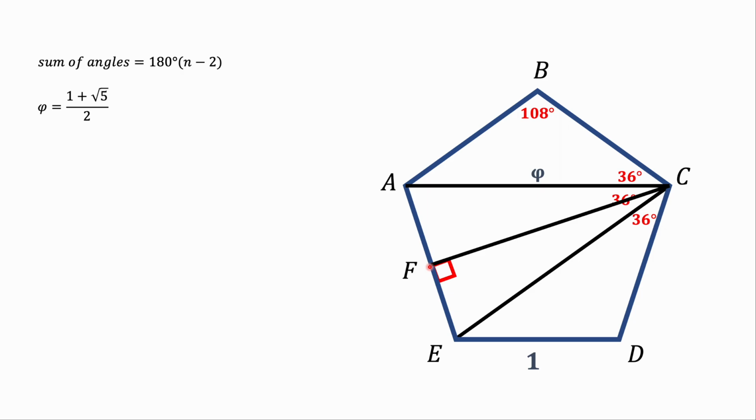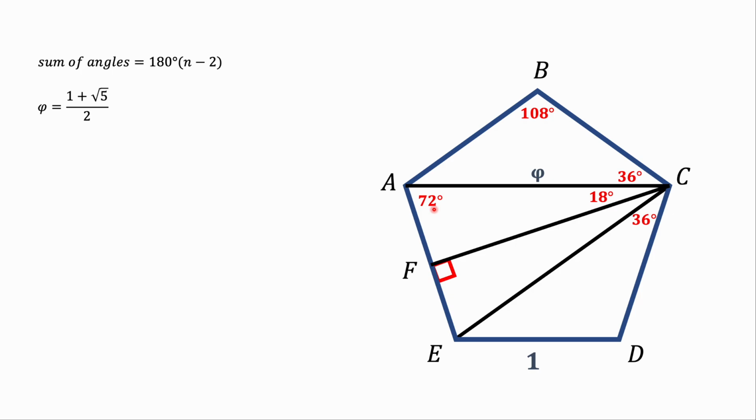Point F is in the middle of that side. And also that line is the angle C bisector. It means that this part is 18 degrees and this part is 18 degrees. And obviously this angle has to be 72 degrees, but we already talked about it before.